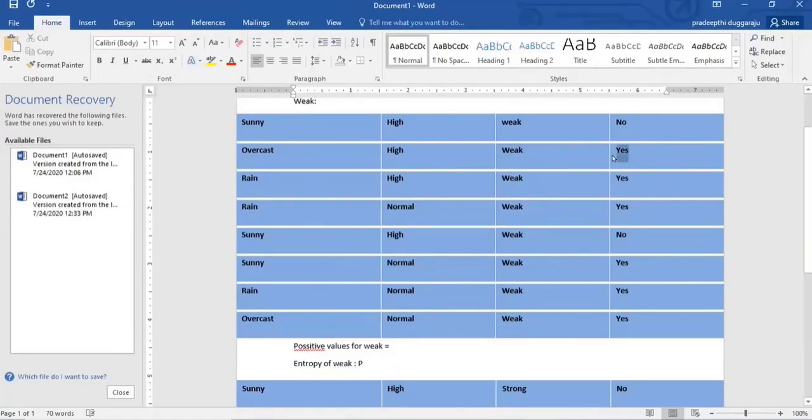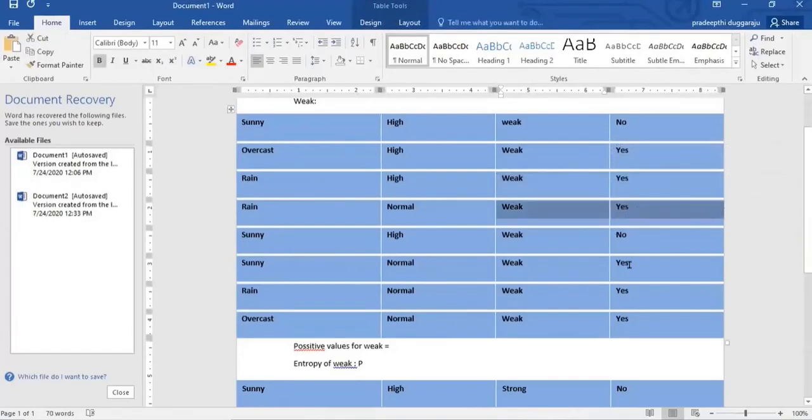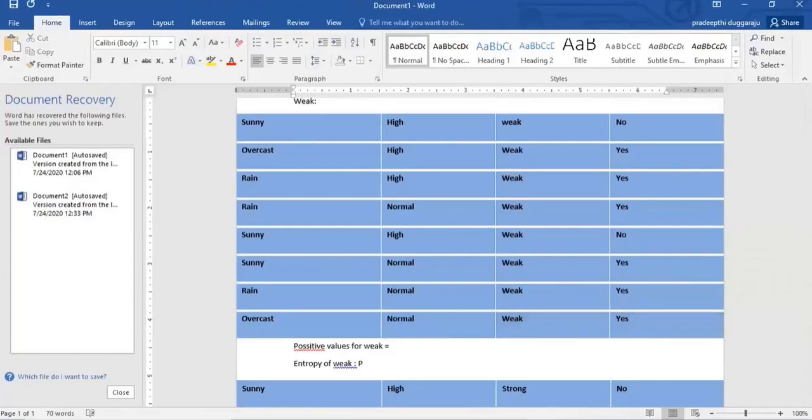So how many we have? 1, 2, 3, 4, 5 and 6. Good. Negative values for weak is equal to 2. So total number of observations for weak is equal to 8.